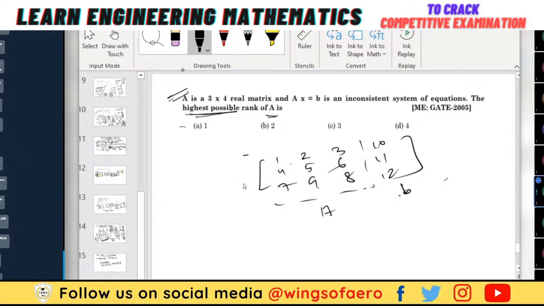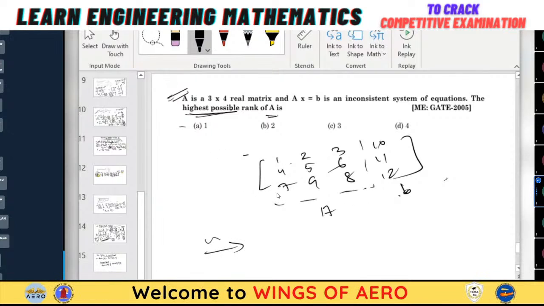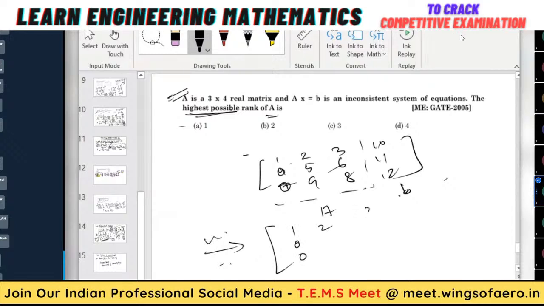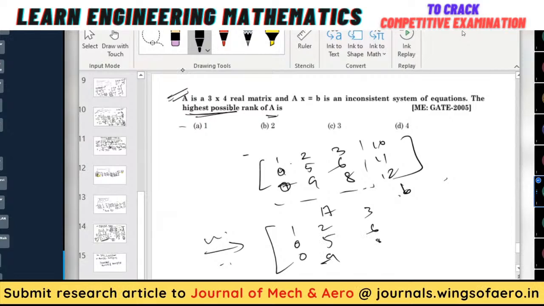If you try to do any row and column operation, what should you do first? You will first make it 0 and 0. Suppose these elements will be like this. These elements will not be 0, some other elements will be there.